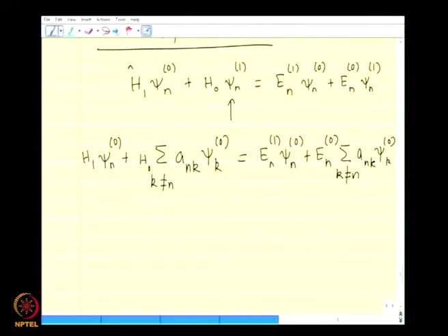Therefore, the task of finding psi n1 is now the same as the task of finding the coefficients a n k, all of them, because we know psi k0 anyway for the entire basis set.